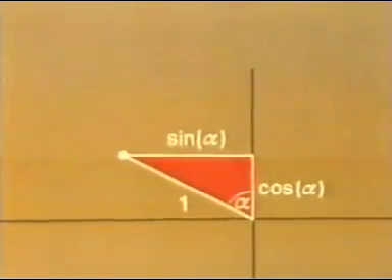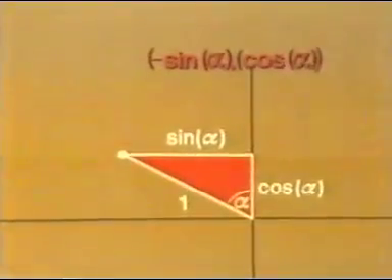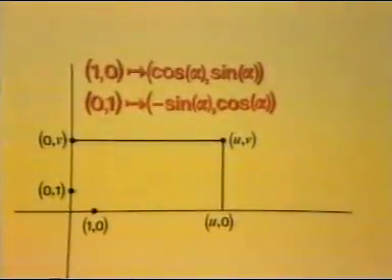And the horizontal one is the opposite, sine alpha. So the first coordinate of the point is minus sine alpha. And the second coordinate is cos alpha. That's what we wanted. 0, 1 goes to minus sine alpha, cos alpha. So now we know where both 1, 0 and 0, 1 go when we rotate them. Let's use this to find the rule for u, v.